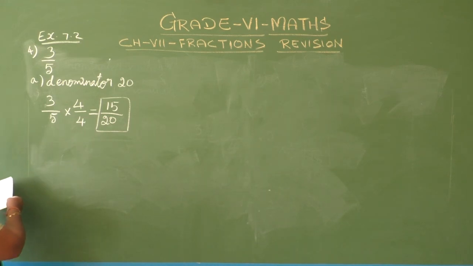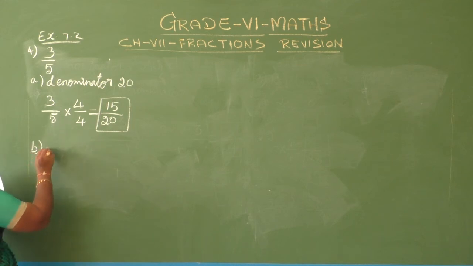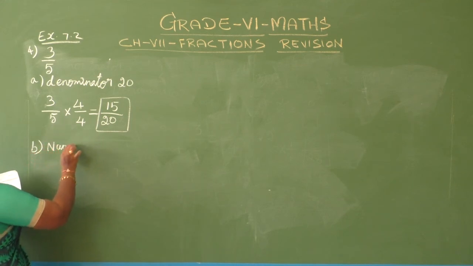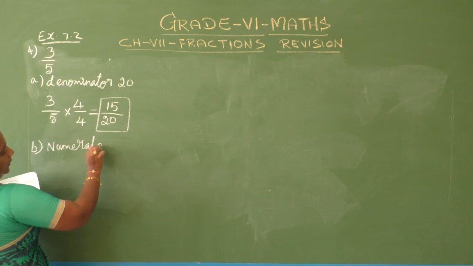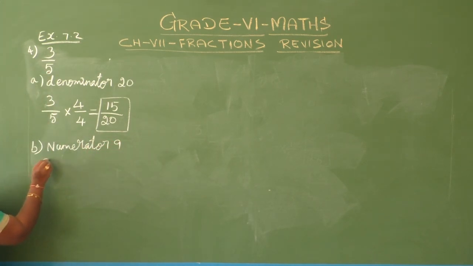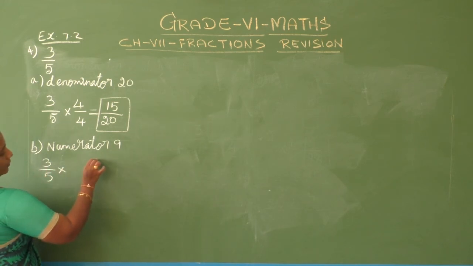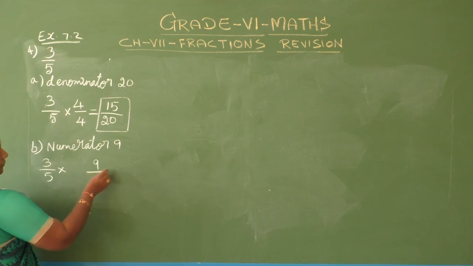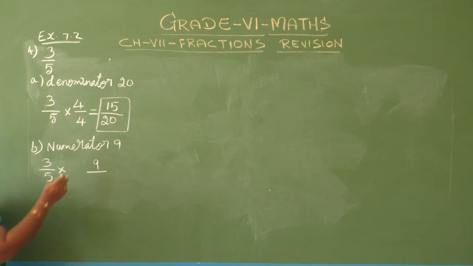Okay. Then one more sum. B sum. Now in B sum they gave the numerator: numerator is 9. Okay. Again you have to write the same fraction 3 by 5 into, because this is also a multiplication fraction only. Numerator they gave 9. We are going to find the denominator.